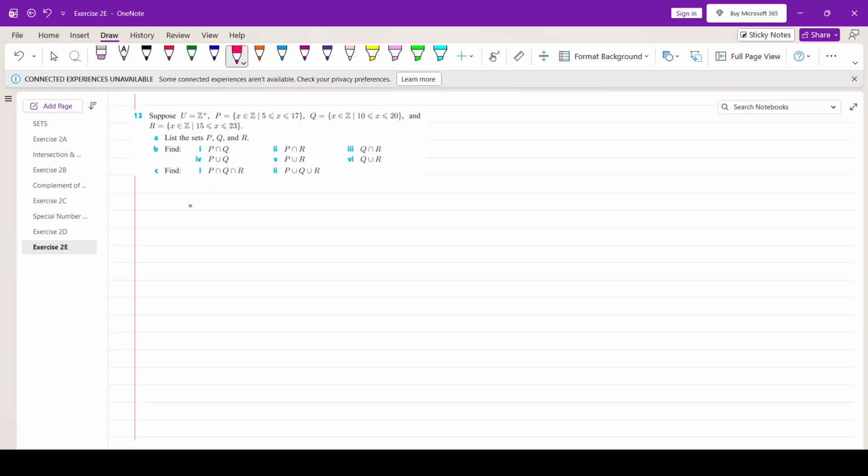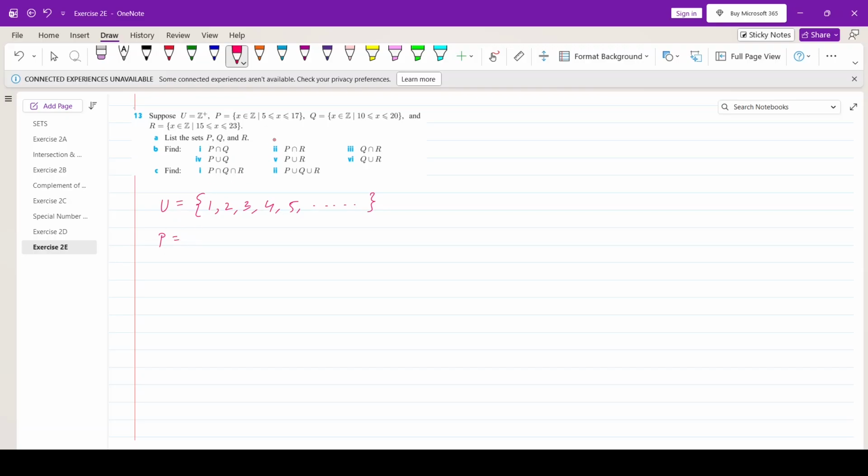Question number 13. Suppose universal set is a set of all positive integers. So U is a set of 1, 2, 3, 4, 5 and so on.